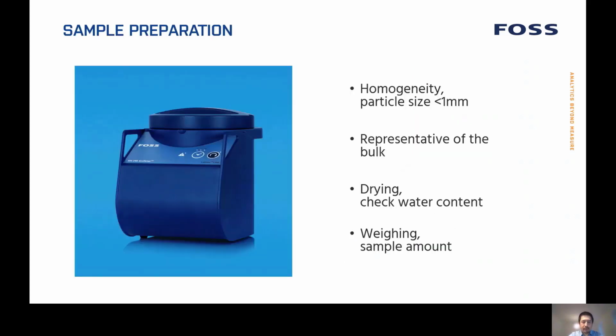So first is the sample preparation. In sample preparation, we want to get homogenized particles, which give you a very representative sample of the bulk, and which can then be analyzed or prepared in the further digestion steps. Usually we have mills which can be used for the preparation, and at FOSS we provide different types of mills.